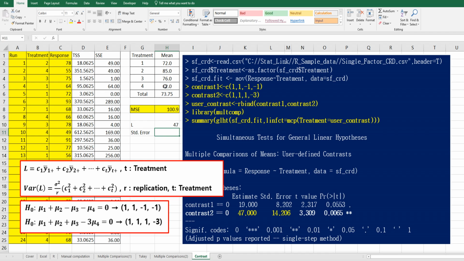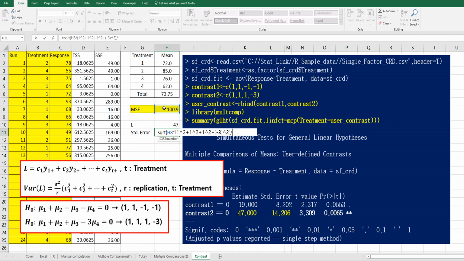Let's get standard error. So we need to use this formula. So it is the square root of sigma squared multiplied by C1 squared plus C2 squared plus C3 squared plus minus 3 squared, right?